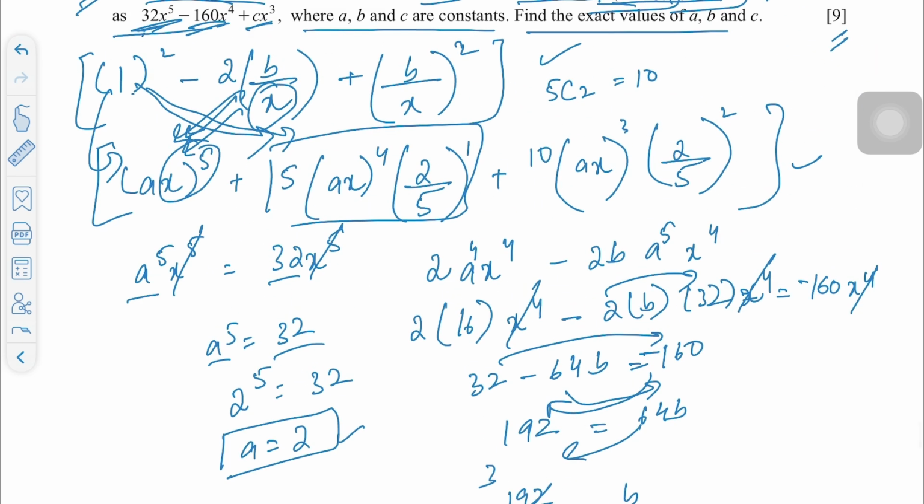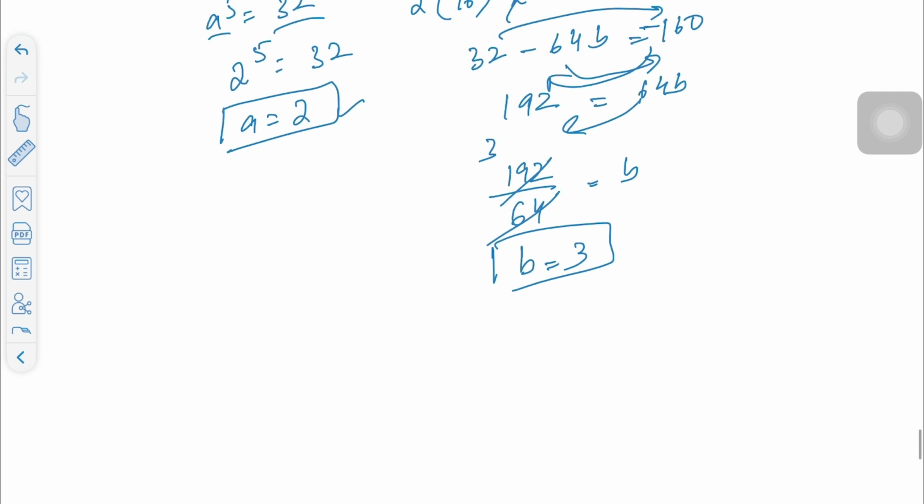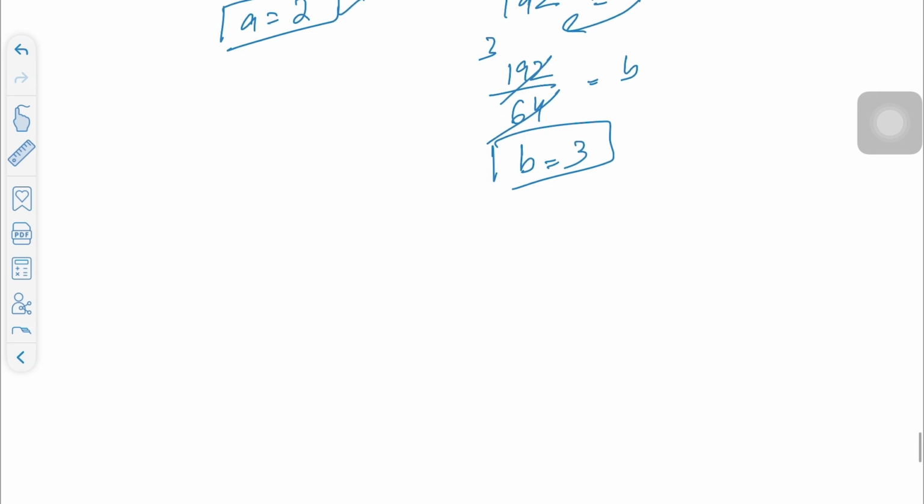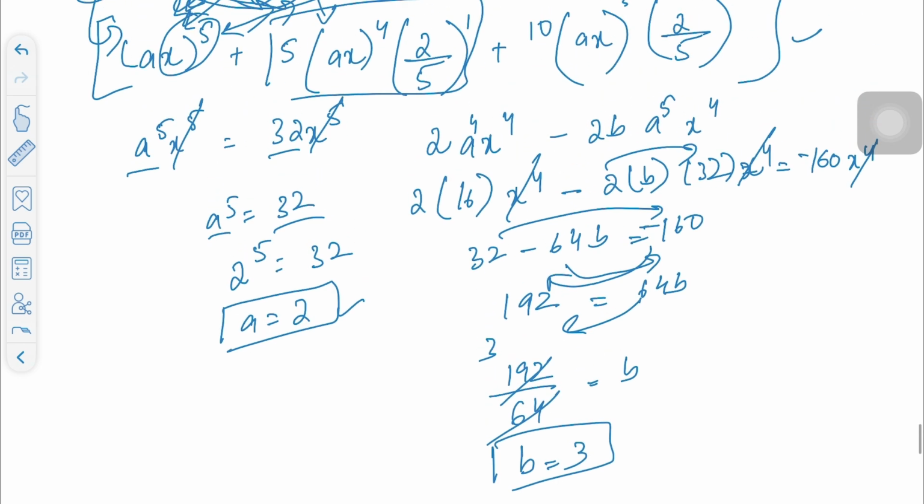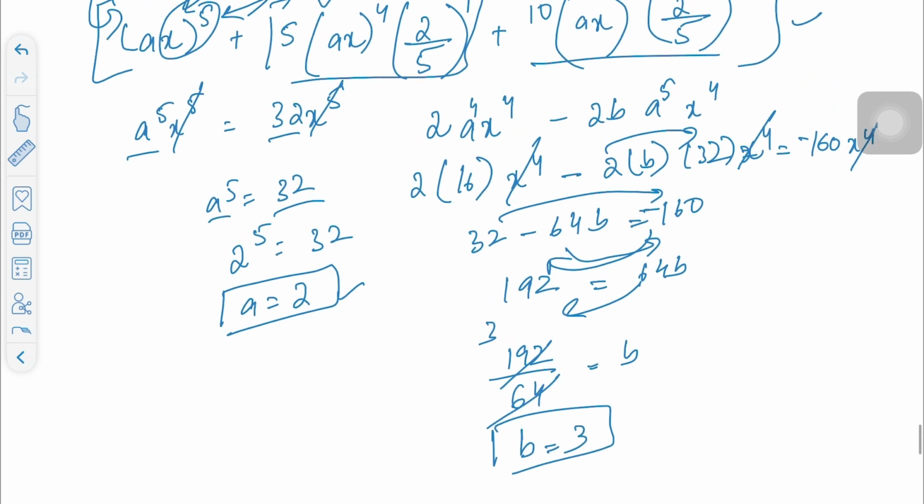Now we have to calculate our c. c is basically the x cubed coefficient. So for the x cubed coefficient, we can multiply this 1 by this coefficient, right? We can multiply this x squared coefficient by this, and this basically by this, right? So let's first multiply 1 by 10, this thing. This would be 10, and 25 would be divided.